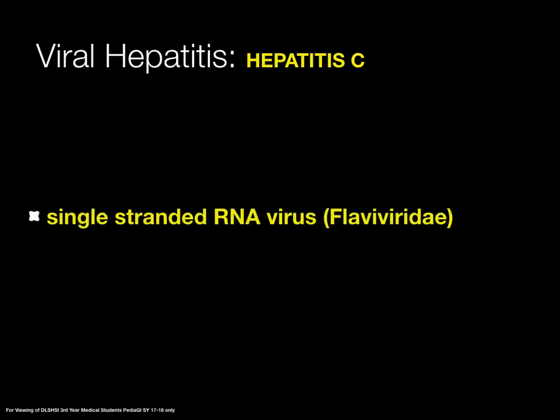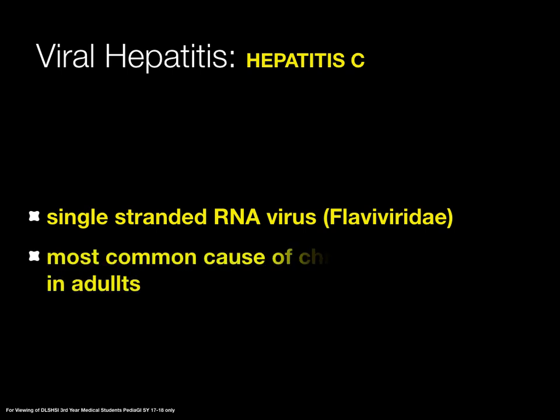Hepatitis C is a single-stranded RNA virus from the family Flaviviridae. It is the most common cause of chronic liver disease in adults.